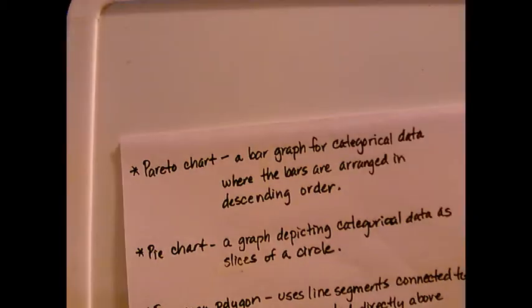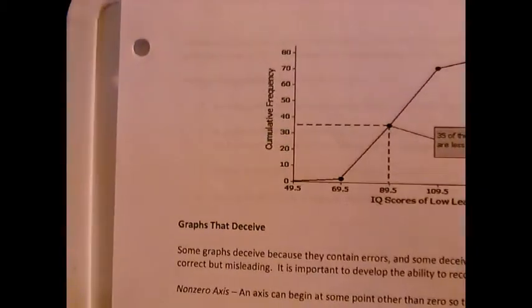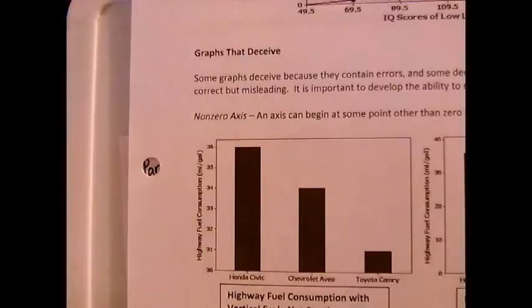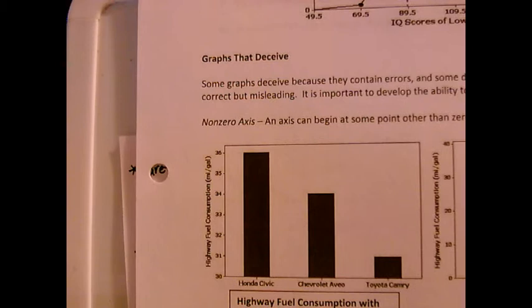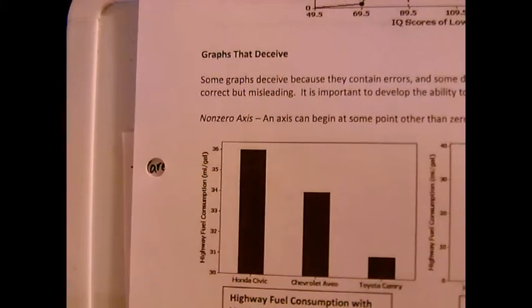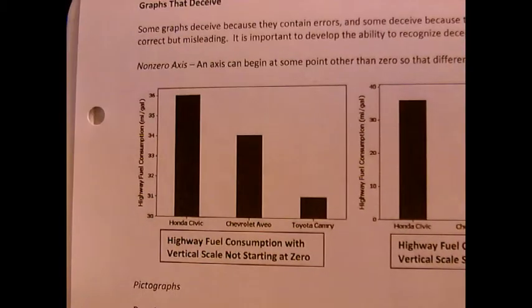Okay. Now let's talk about, well, let me go ahead and bring up graphs that can be deceiving. Okay. So here's just an illustration or an example of a graph that can be deceiving, because they may contain errors and they can be technically correct but misleading, like in this one right here, the highway fuel consumption, where the vertical axis does not start at 0.